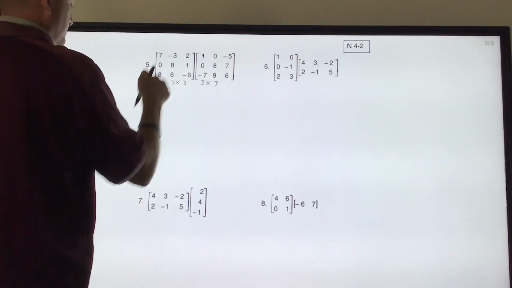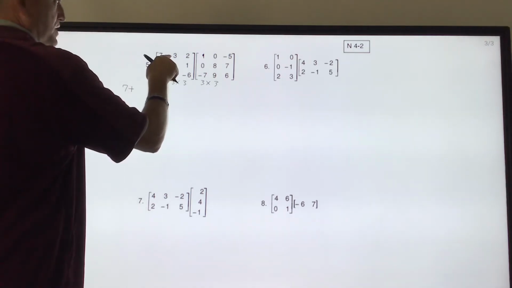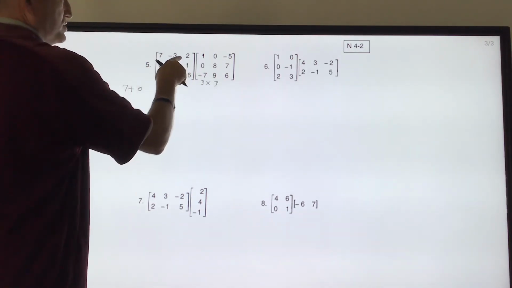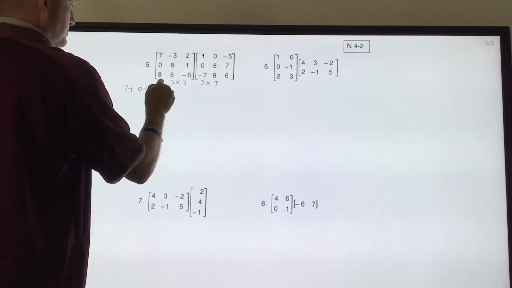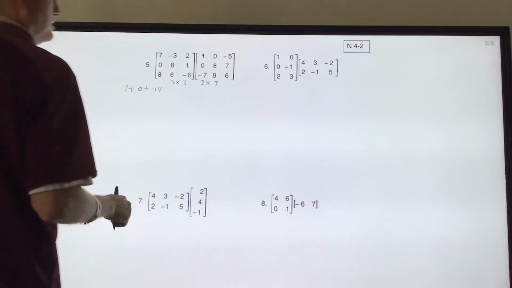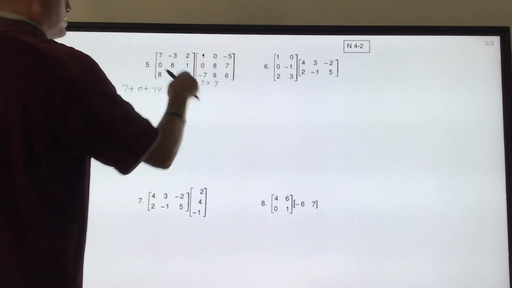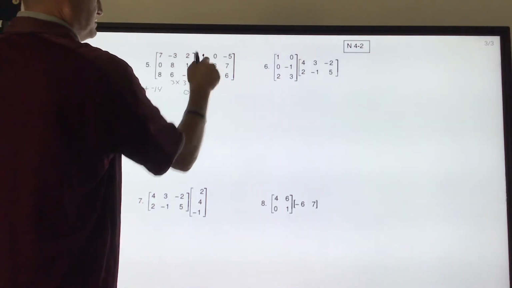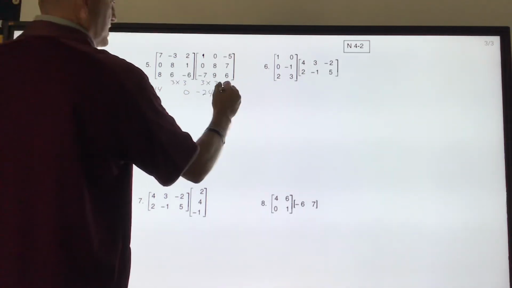So it'll be 7 times 1 is 7, plus negative 3 times 0 is 0. 2 times negative 7 is negative 14. Now I'm going to take the top row, match them up with the middle row. So 7 times 0 is 0. Negative 3 times 8 is negative 24. And 2 times 9 is 18.